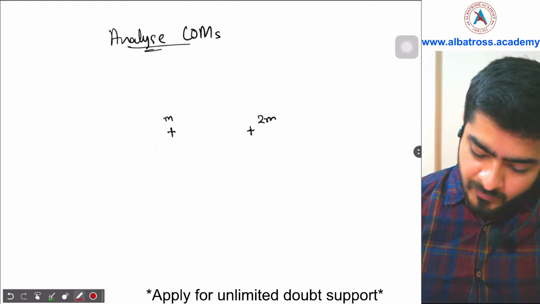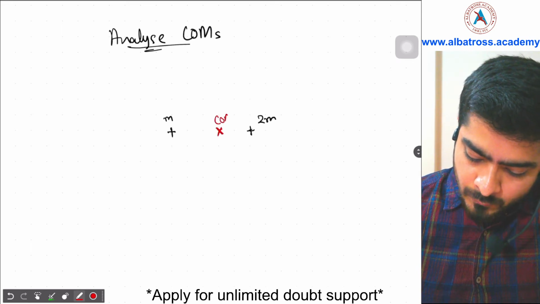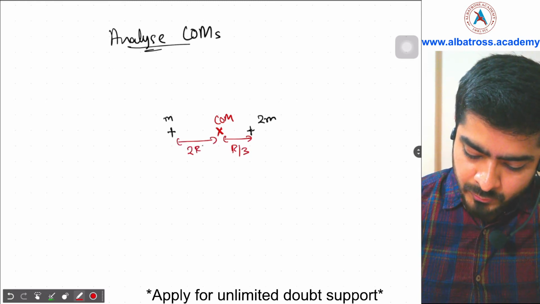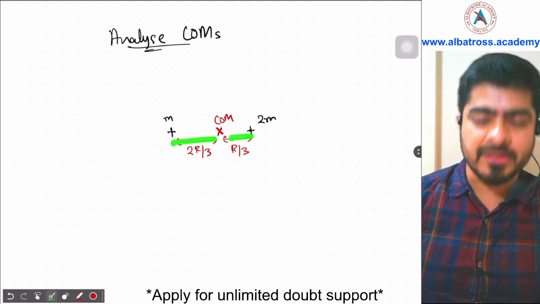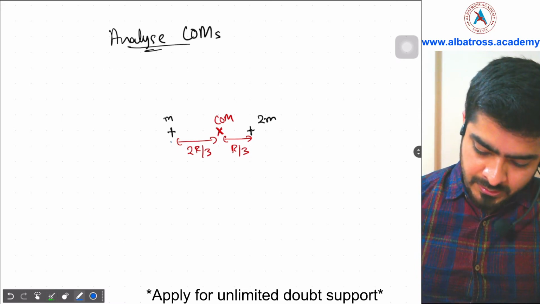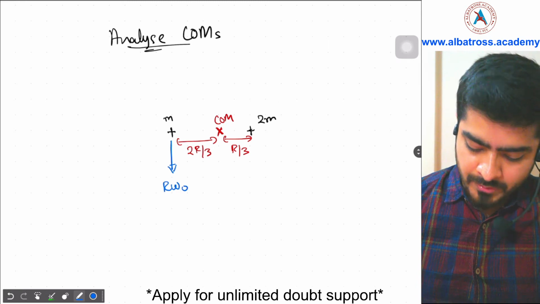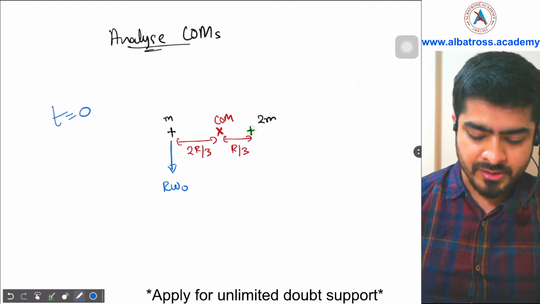So the center of mass of the system will be over here, and this distance will be equal to r by 3. This distance will be equal to 2r by 3. You can find this distance using the formula for center of mass. The center of mass of the bigger disk has velocity r omega naught, while this one is at rest initially at t equal to 0. This is your situation.